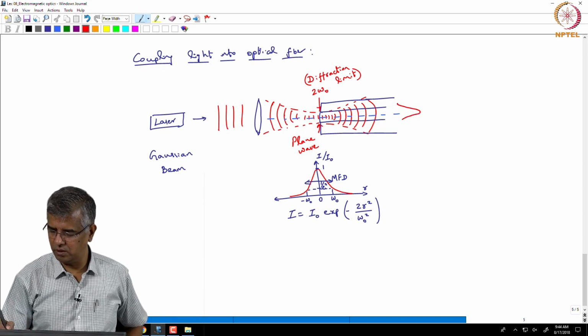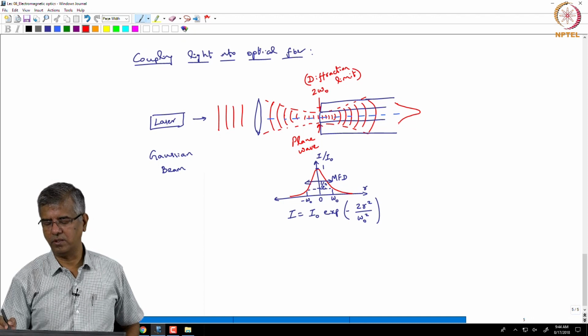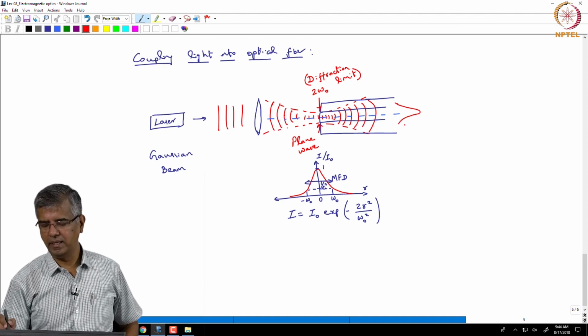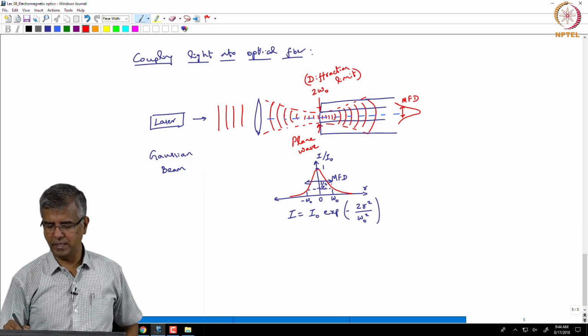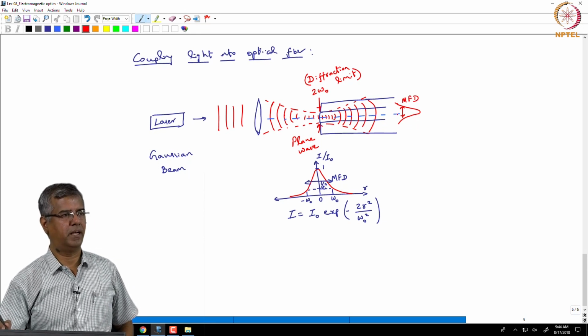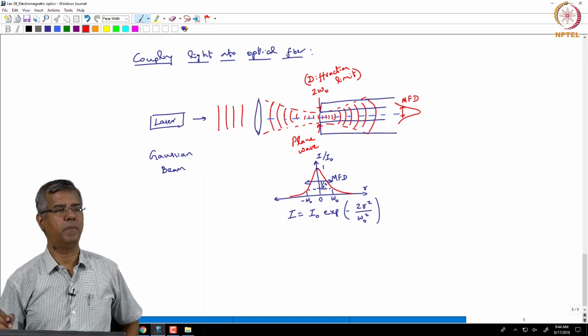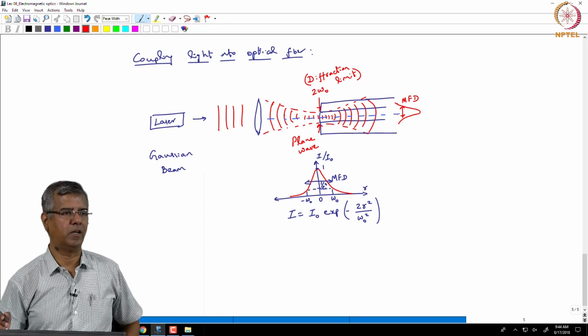So this also is a Gaussian shape, and this will also have a mode field diameter. If this diameter and this diameter are matching, that is when I have maximum coupling into the optical fiber.